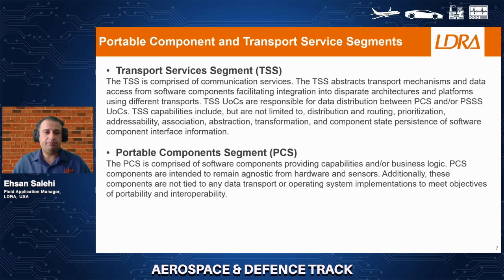That's very important. The portable components are basically the software components providing the capability and the business logic. The PCS components are intended to remain agnostic from the hardware and sensors. Additionally, these components are not tied into any data transport or operating system implementation, to meet the objectives of portability and interoperability.